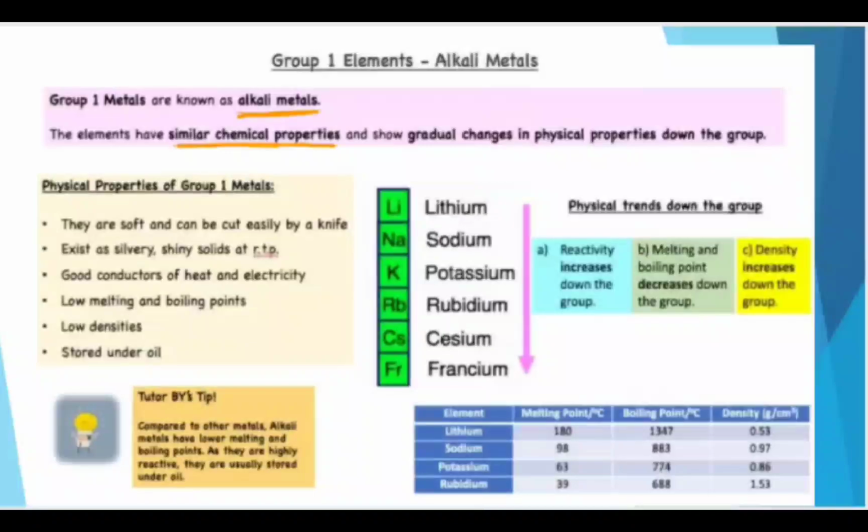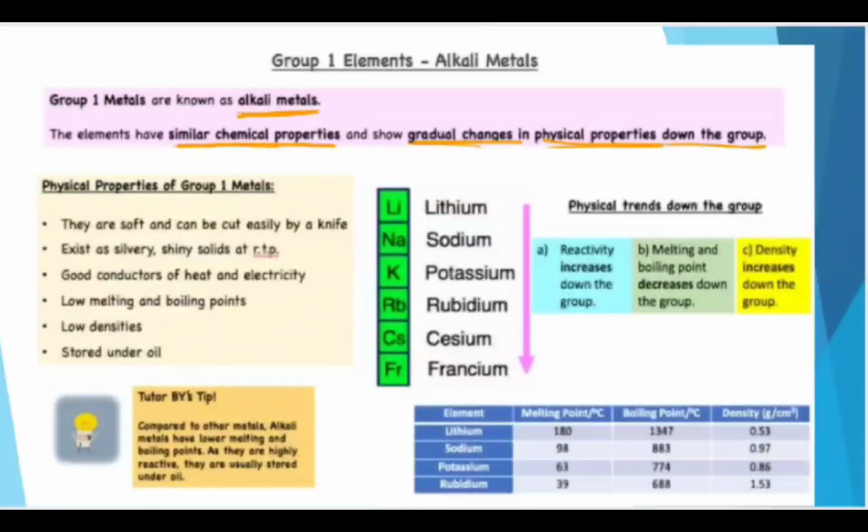They are all lustrous, they are all sonorous, and their melting point and boiling point are lower as compared to the alkali earth metals. The elements have similar chemical properties and show gradual change in physical properties down the group.